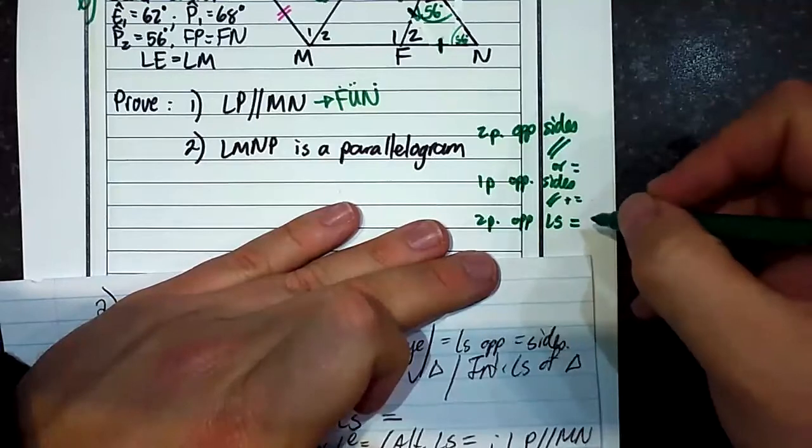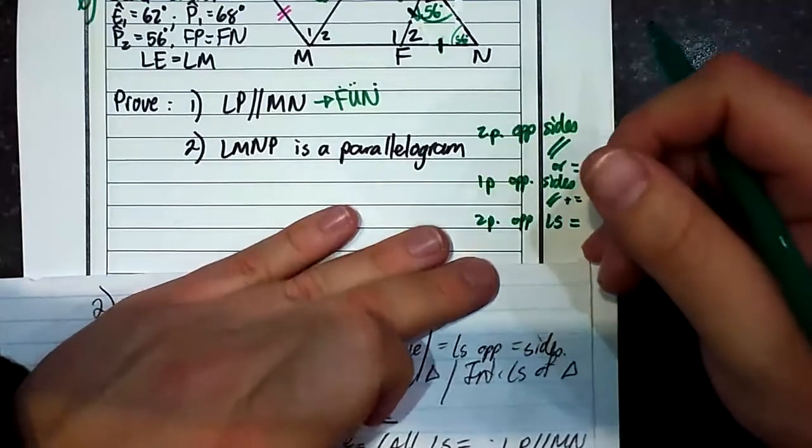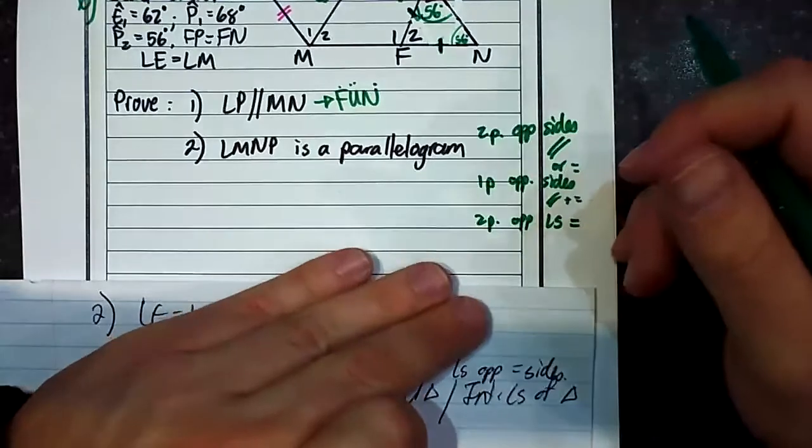Okay, so there's plenty of ways to prove that a quadrilateral is a parallelogram.